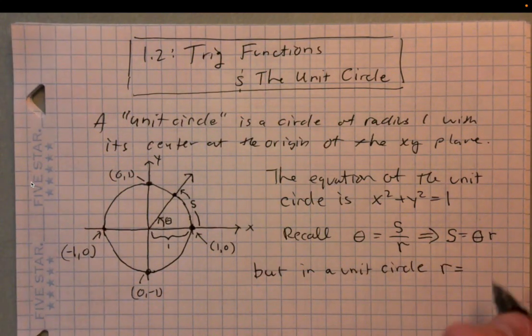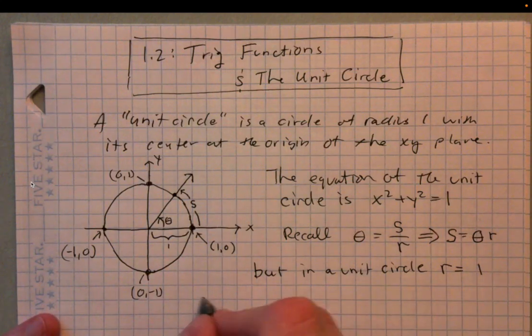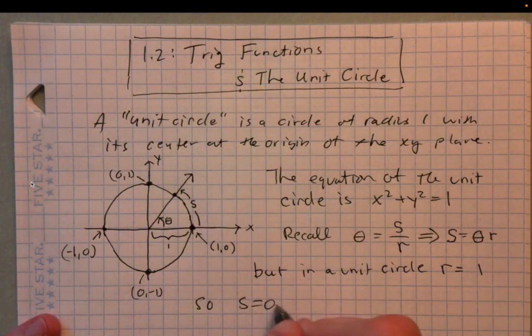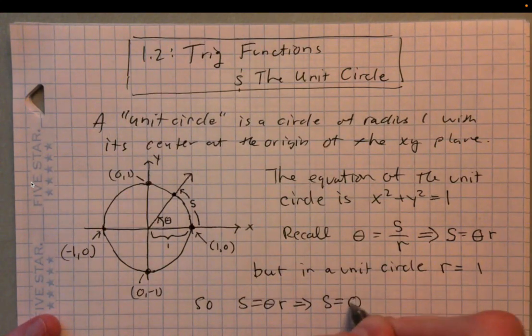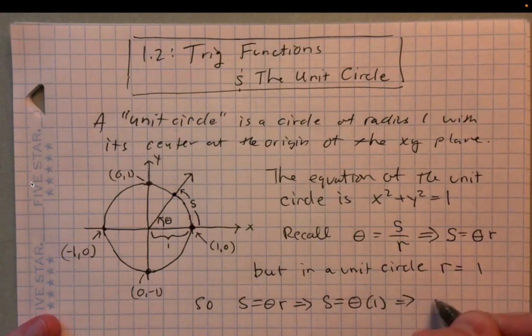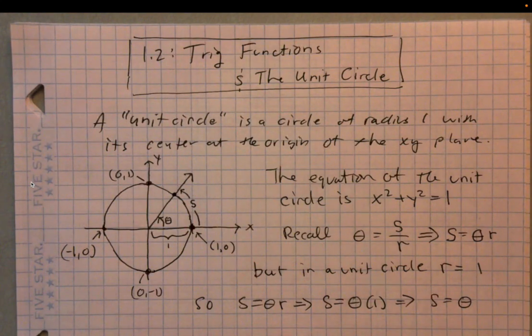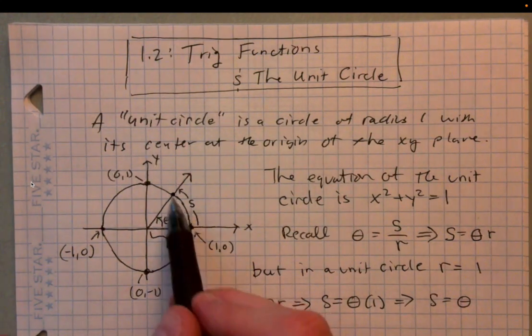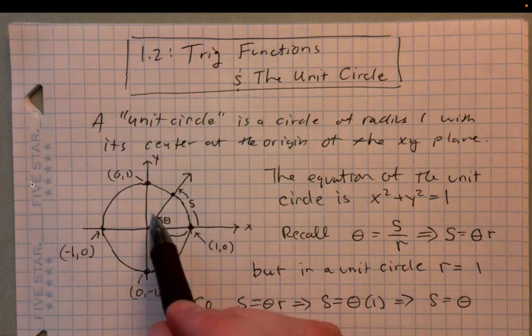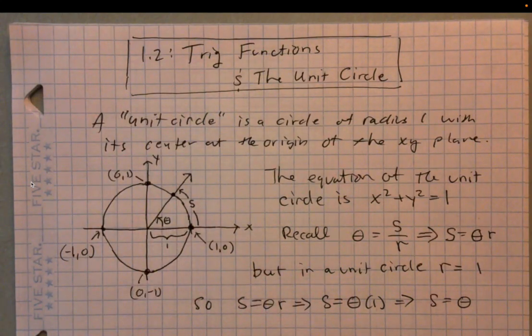Well, it's a unit circle, so r is equal to 1. So s equals theta times r is really s equals theta times 1, which implies that s is equal to theta. So in a unit circle, the length of the arc is the same as the angle theta.